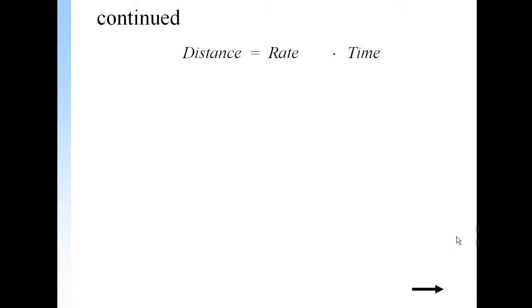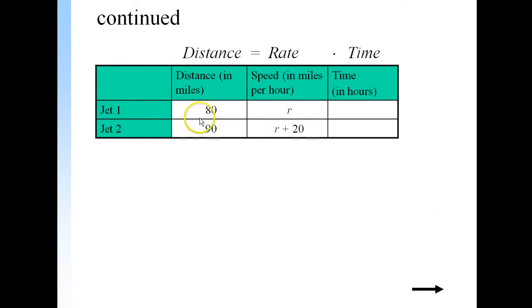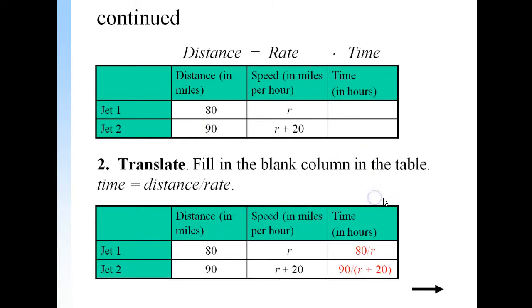And it's, again, distance equals rate times time. And again, what's the same in both cases here? Since time is the same for both of them, we could put a second letter here, T and T. But that's not going to work out too well. So what is T?